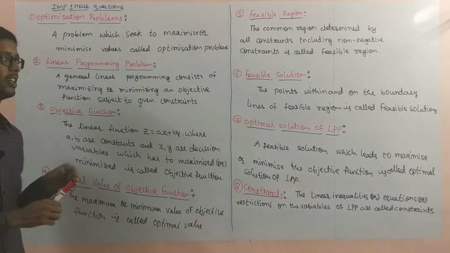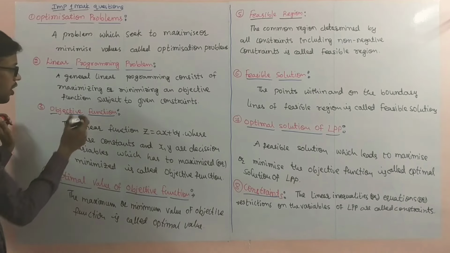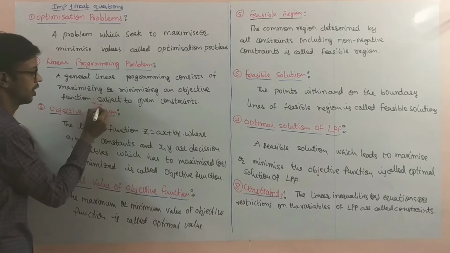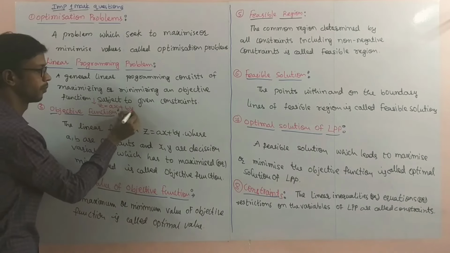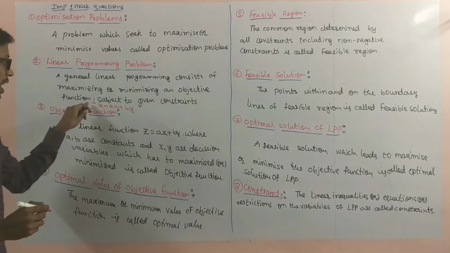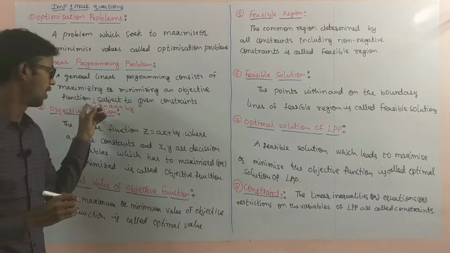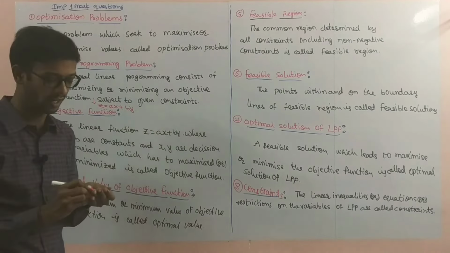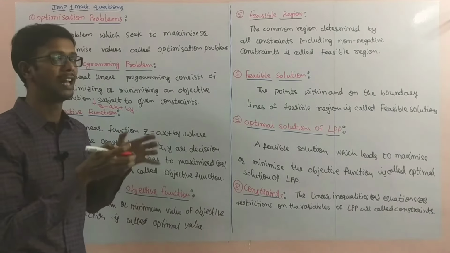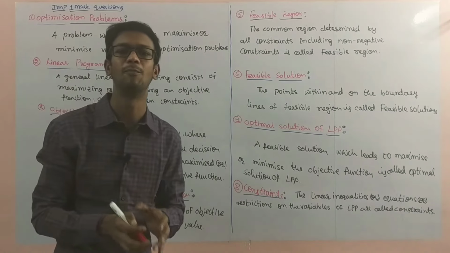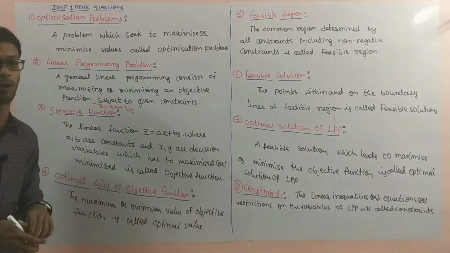Here you can write the objective function as z equal to ax plus by. If you are writing that, that is the objective function. Subject to given constraints, subject to given conditions. By the given conditions, we are maximizing or minimizing the objective function. That type of problem is called a linear programming problem.